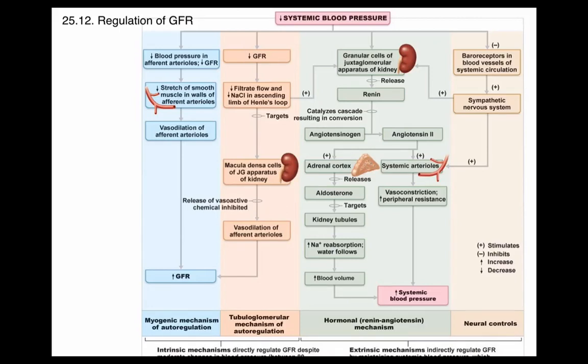Normally, it's going to be around 122 milliliters per minute or so. The glomerular filtration rate is directly proportional to the net filtration pressure, which is primarily the hydrostatic pressure coming out of the glomerulus, and the total surface area available for filtration.